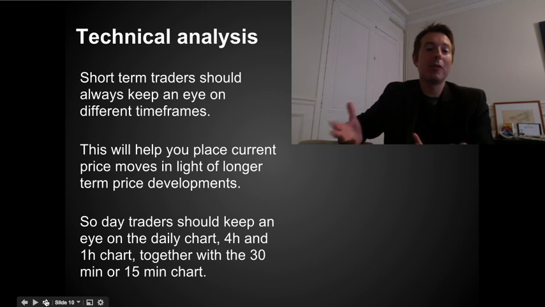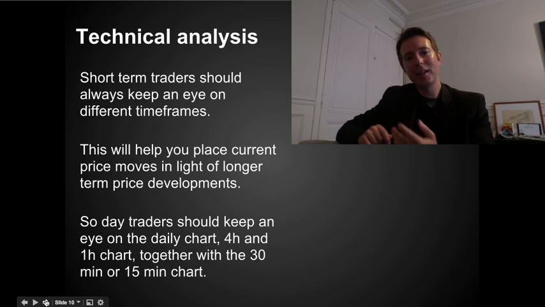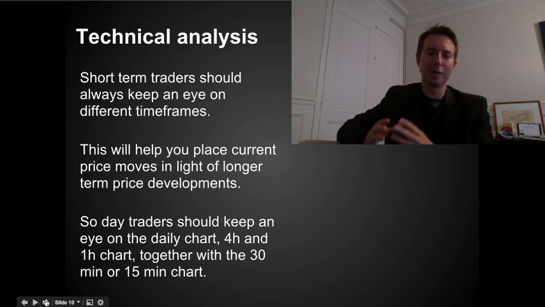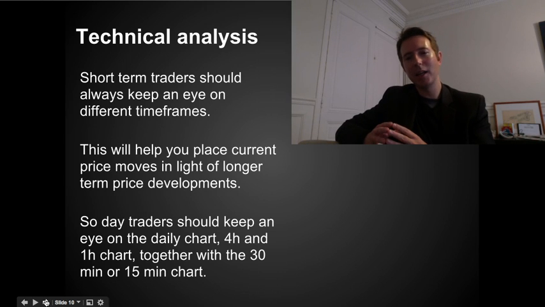For instance, the most simple example I can give you: let's say that you are trading on a 10-minute chart, and you haven't looked at the 4-hour chart, and the 4-hour chart reveals a very strong resistance point that has been successfully defended in the past few weeks.